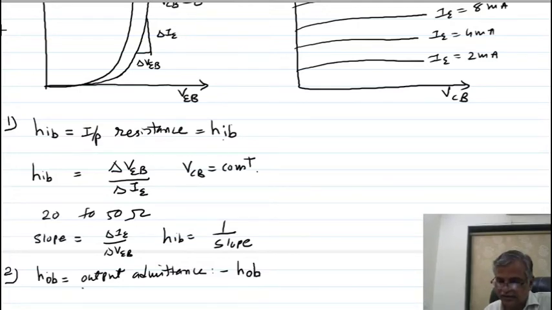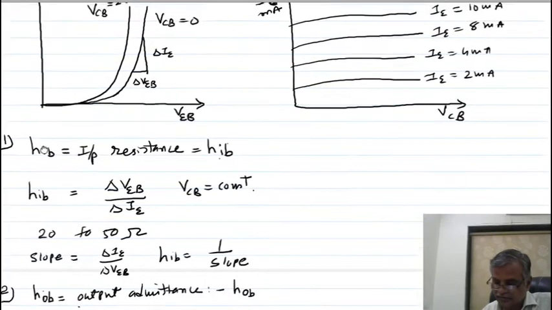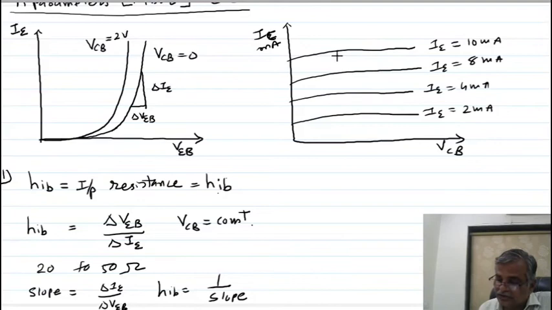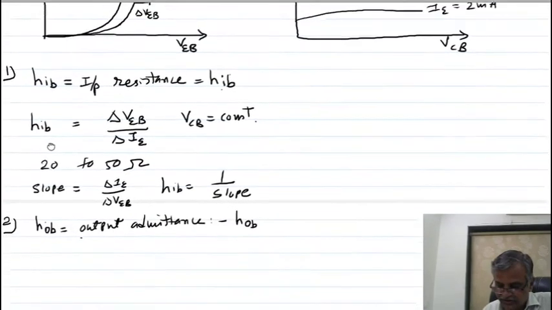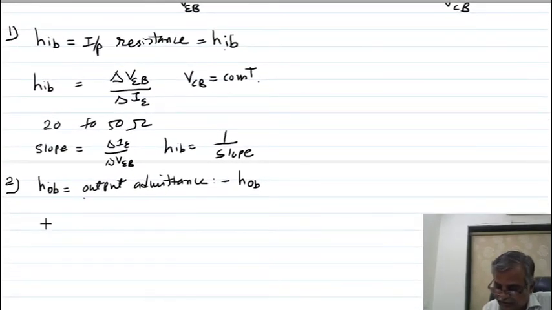From output admittance you are finding the output resistance. It is the ratio of change in output collector current to the corresponding change in collector base voltage at a constant value of the emitter current.